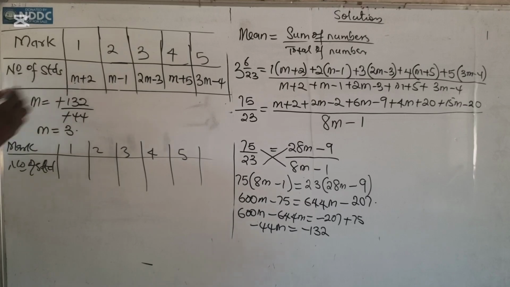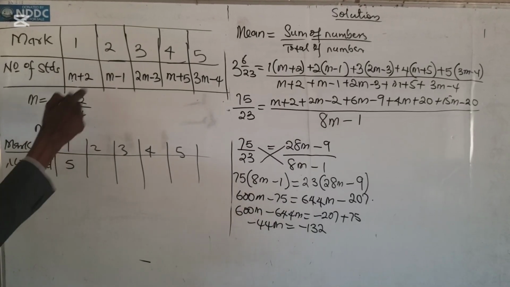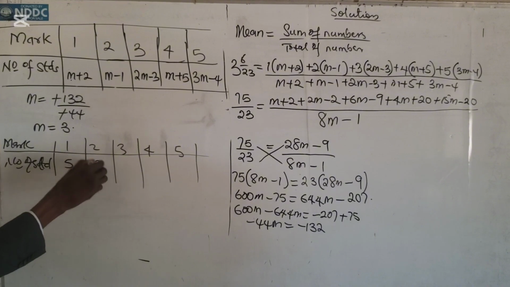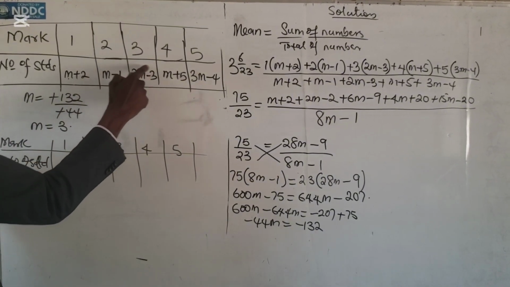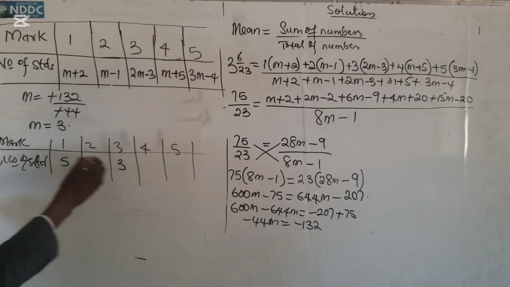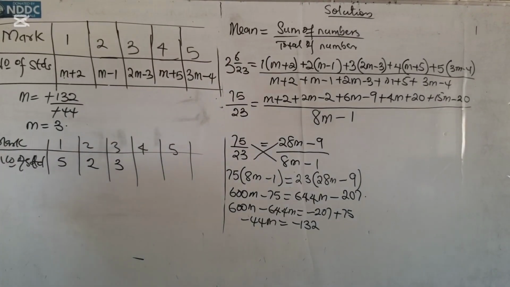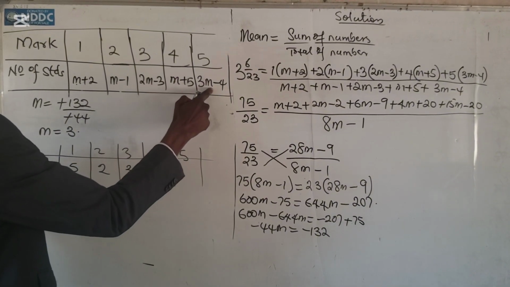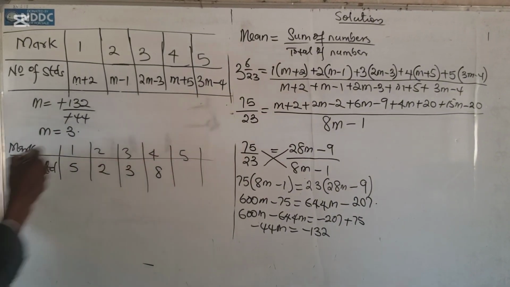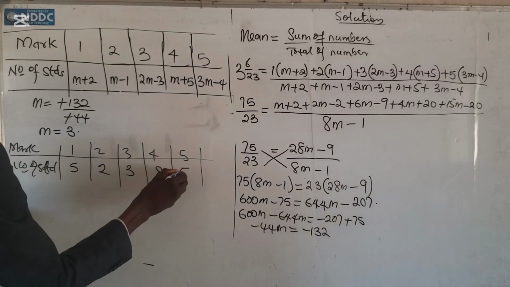Now, m is 3. 3 plus 2 is 5. 3 minus 1 is 2. 2 times 3 is 6, 6 minus 3 is 3. 3 plus 5 is 8. 3 times 3 is 9, 9 minus 4 is 5.